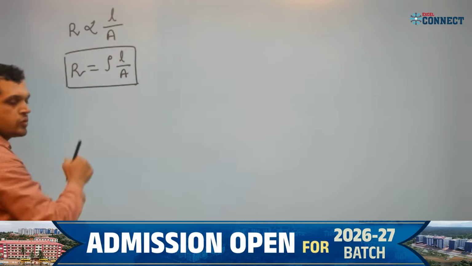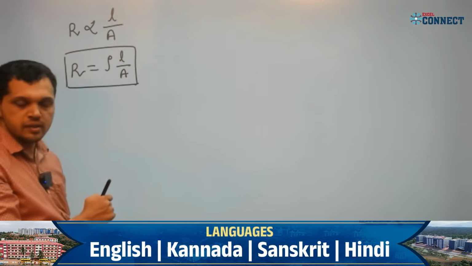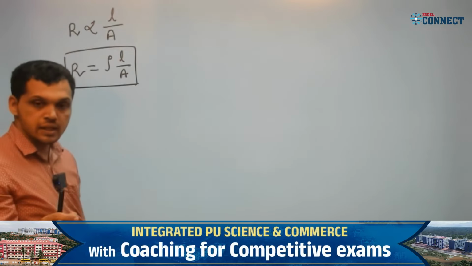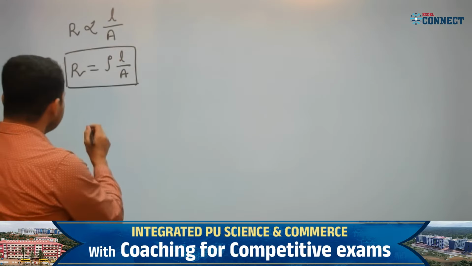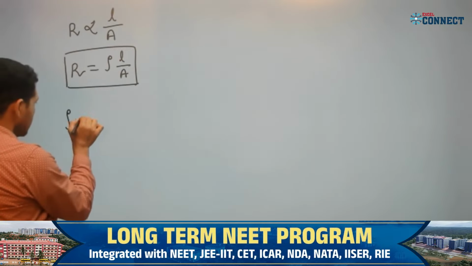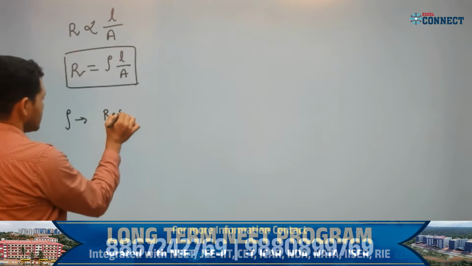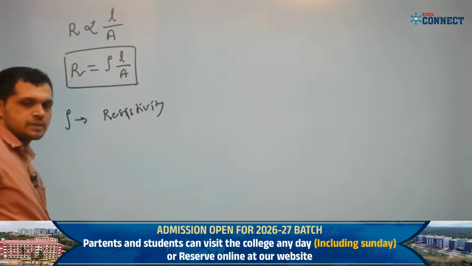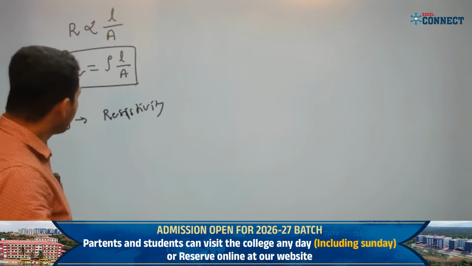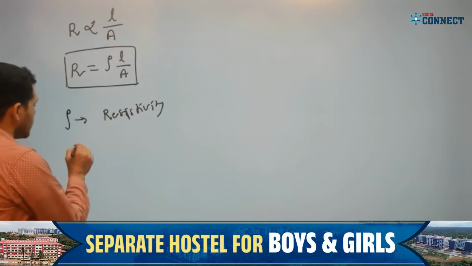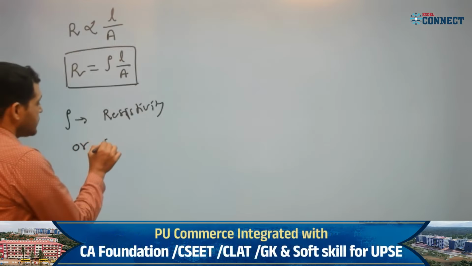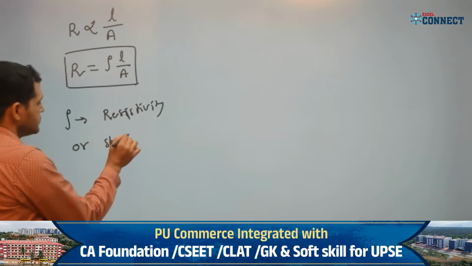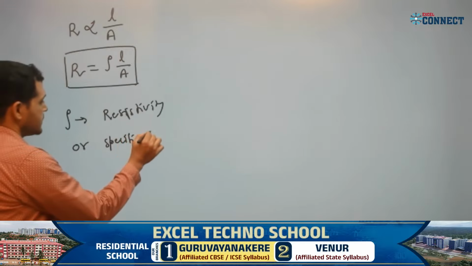This term rho represents electrical resistivity, where rho is resistivity, or it is also called specific resistance.